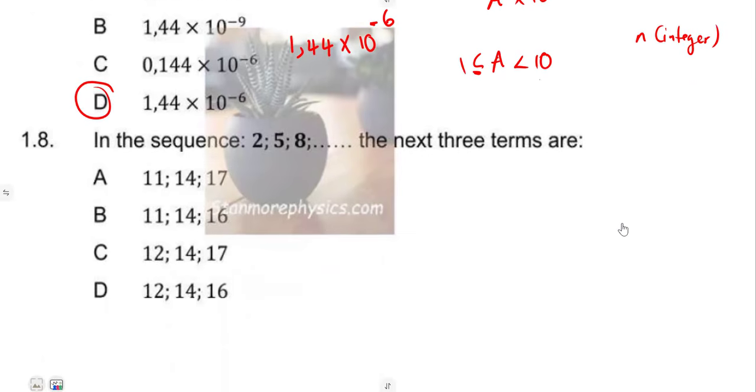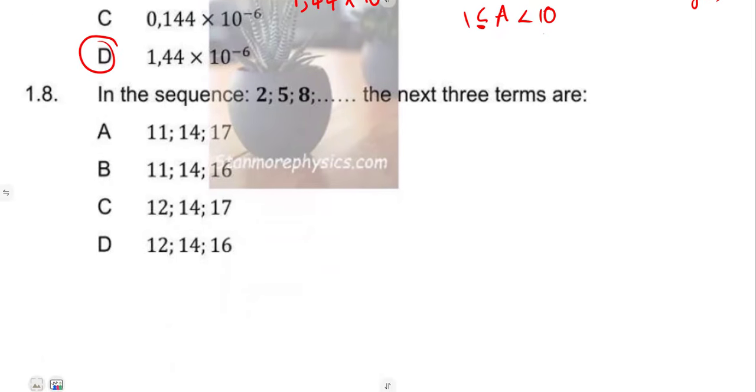All right. In the sequence 2, 5, 8, the next three terms are what? If we study it properly, we are going to see that there is a difference of 3 throughout. 5 minus 2, that's a 3. 8 minus 5, that's a 3.